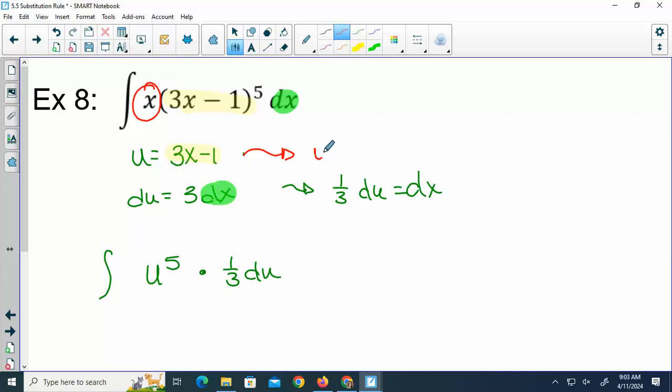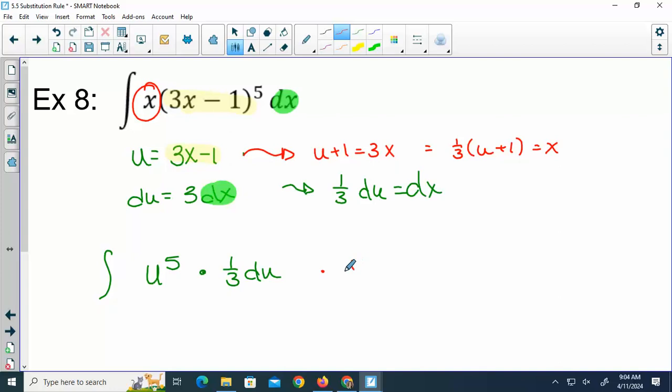So if we add the 1, divide by 3, could I just write that as 1/3 times u plus 1? So my x wasn't a part of the du, so I had to go back to my u and rework that.